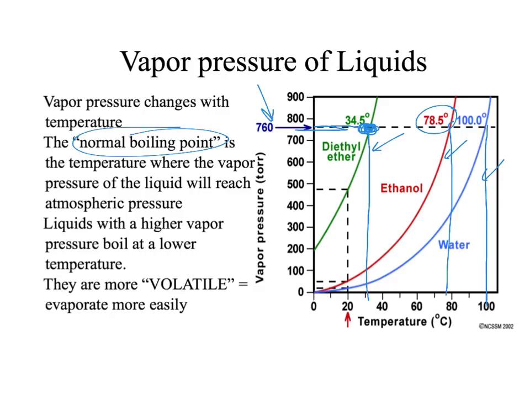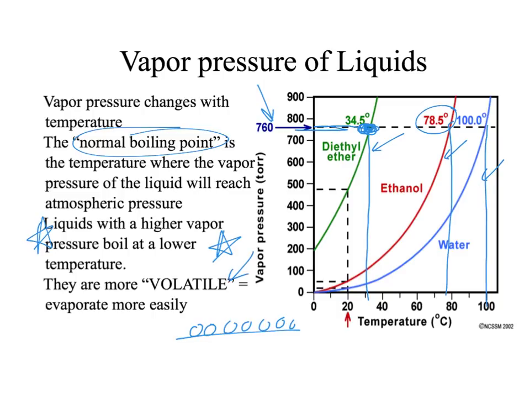Liquids with a higher vapor pressure boil at a lower temperature. This is super important to know. Liquids that make vapor pressure on top of the surface more easily will reach their boiling point much sooner than one where the liquid is not creating as many vapor molecules on top of the surface.